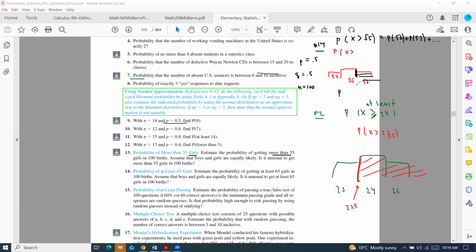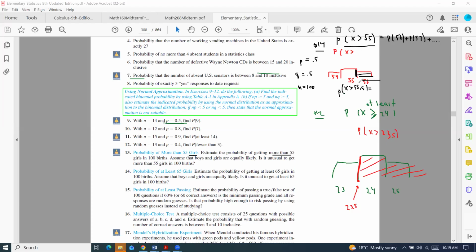It's in between 55 and 56. So it's going to be 55.5. So X is greater than 55.5. That's the continuity correction.